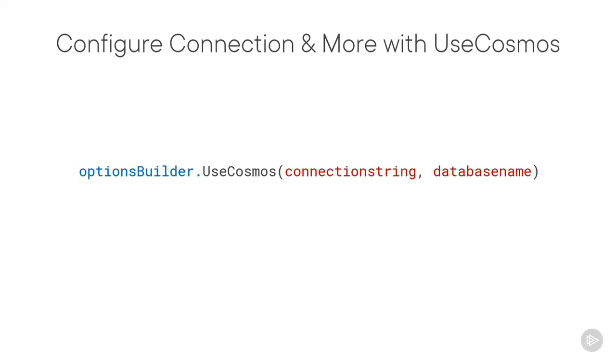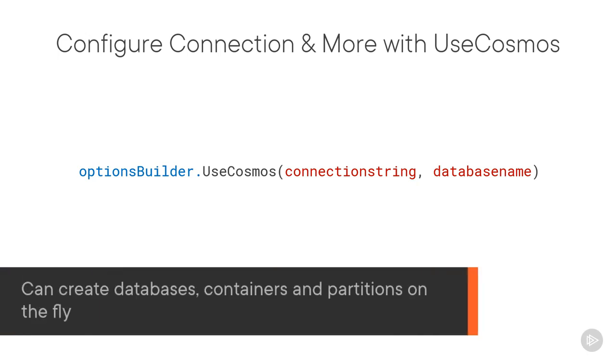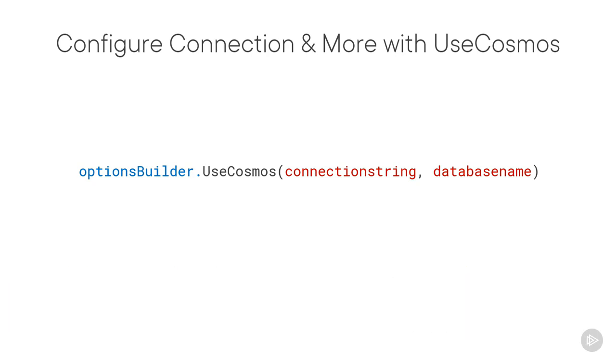You only need to pass in the connection info to the UseCosmos options builder method. And there are plenty of attributes you can tweak to affect how EF Core interacts with that database. As long as you have an existing Cosmos DB account, EF Core can even create databases, containers, and partitions as needed, just as EF Core can create databases and tables in SQL Server.